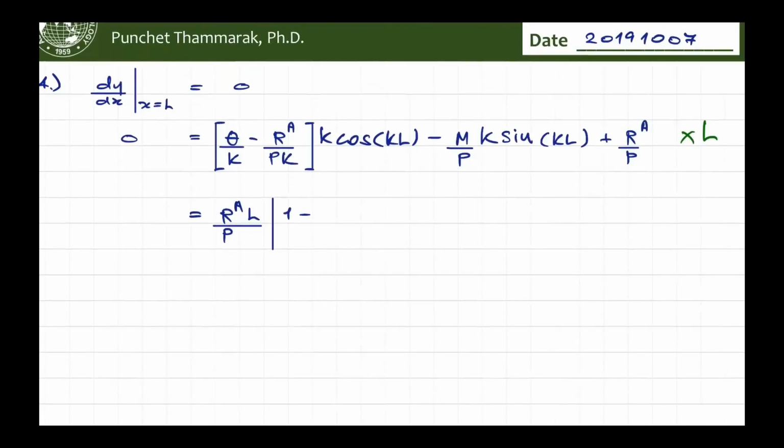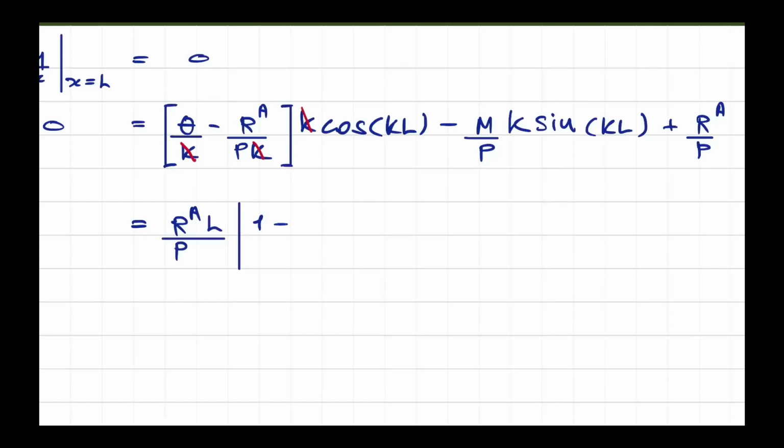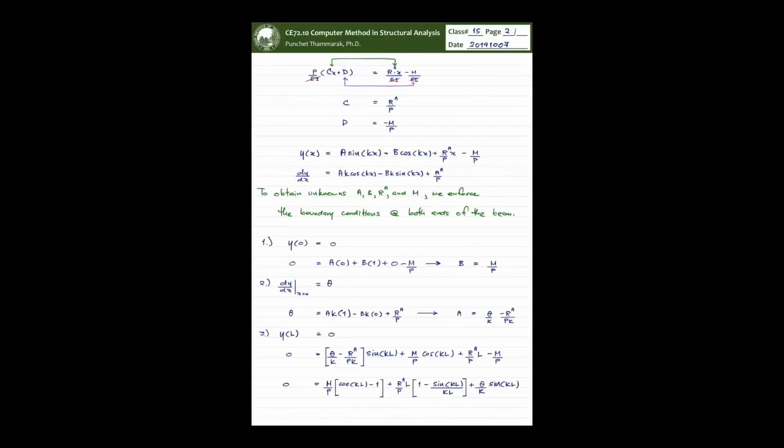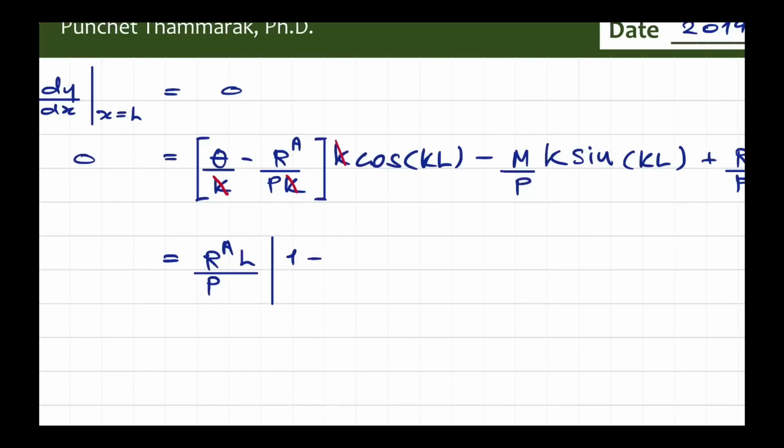Okay, so K here cancels out, right? Alright, fine. RAL over here, okay, great. So this makes you cosine KL.